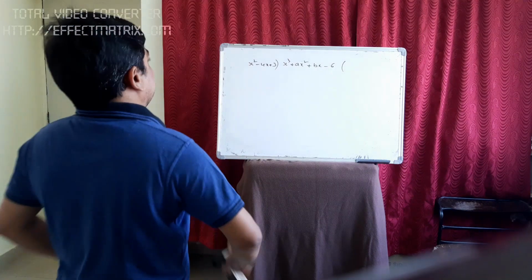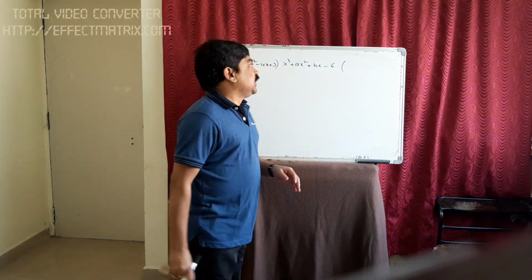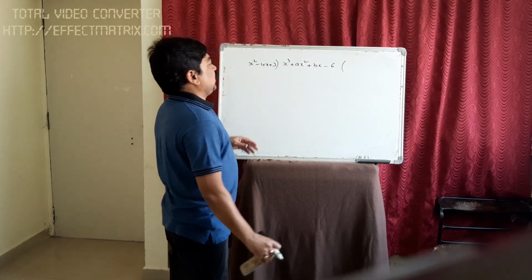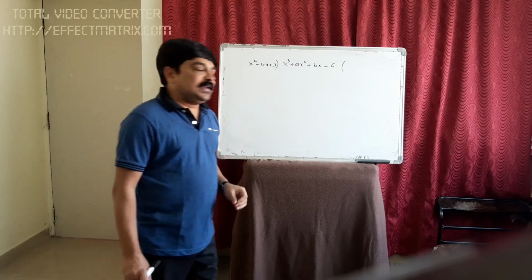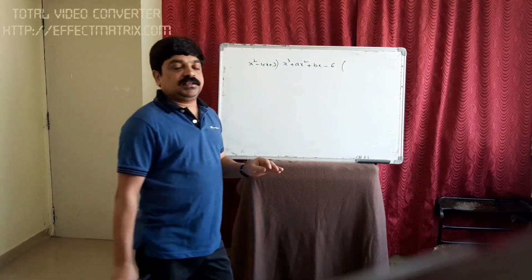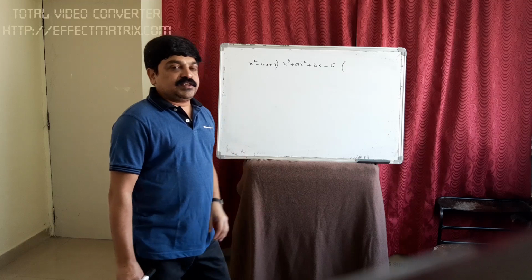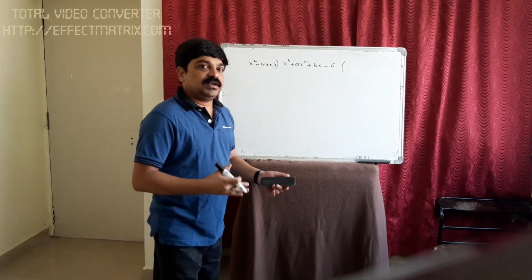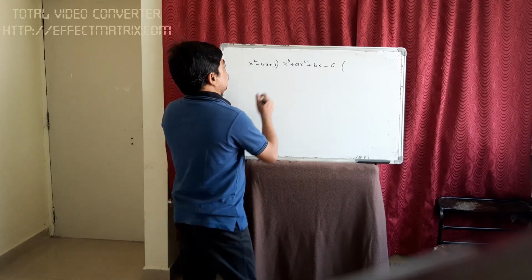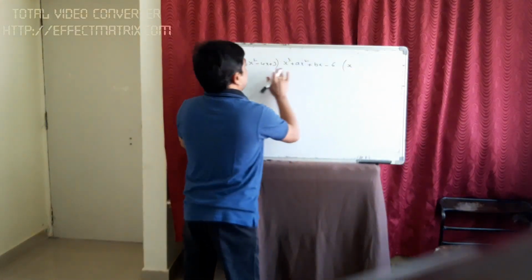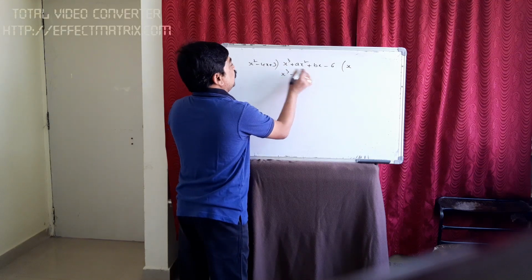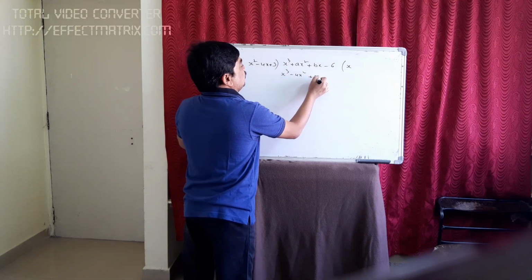In the worksheet given on day 3, you are given one polynomial with some unknown coefficients and you are told that it is completely divisible by this divisor. Completely divisible in the sense the remainder should be 0. How do I find the values of a and b? Just look at it. In the first term, x cube minus 4x square plus 3x.